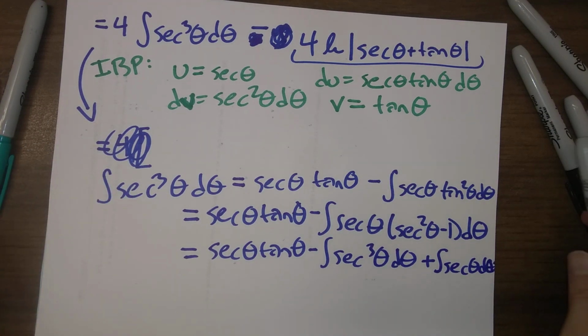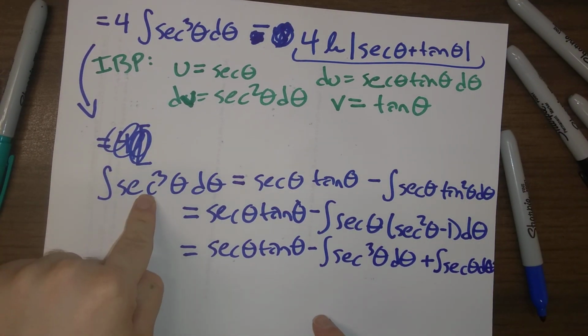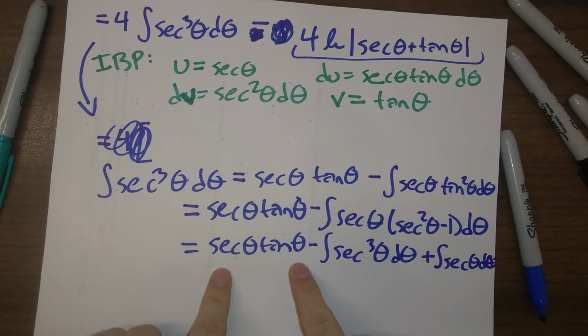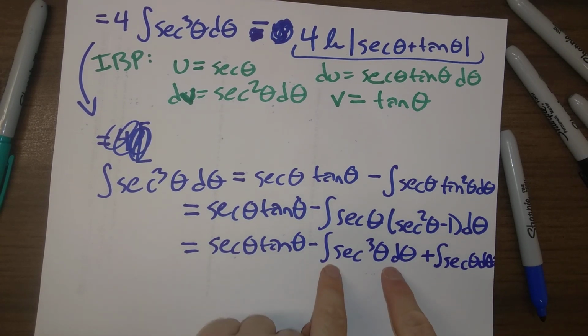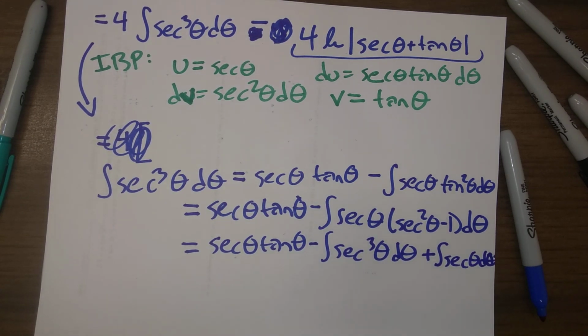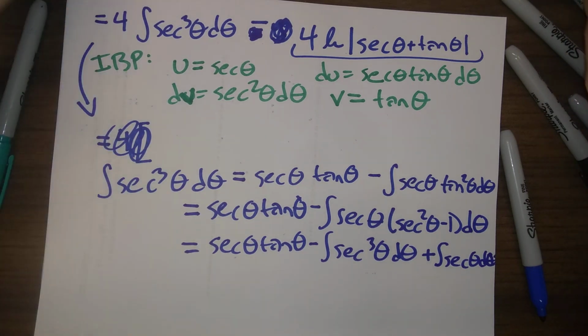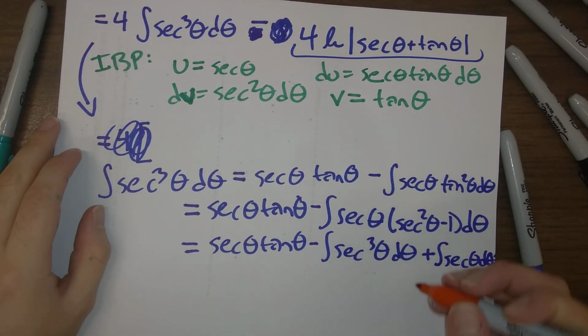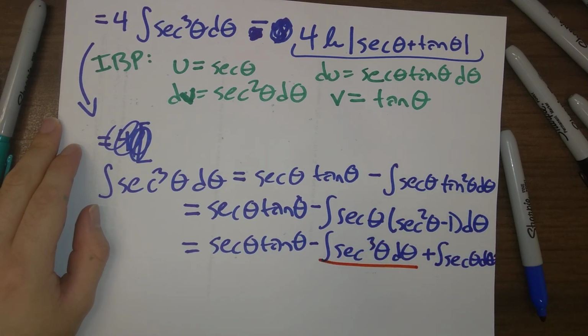Okay, so where are we? We've got the integral of secant cubed theta is equal to secant theta tangent theta minus the integral of secant cubed theta plus the integral of secant theta. And just as so frequently happened back in integration by parts, section 7.1, that's the same thing here.